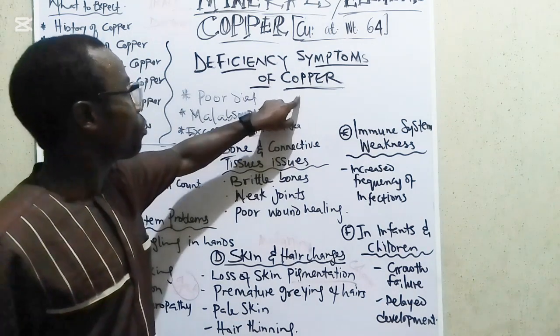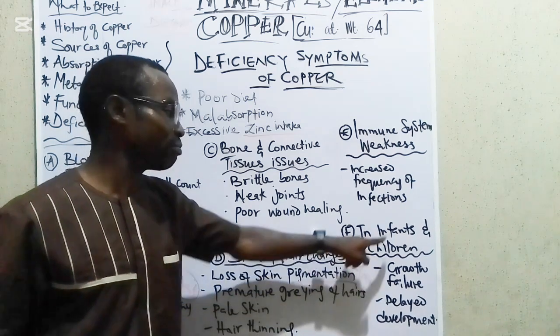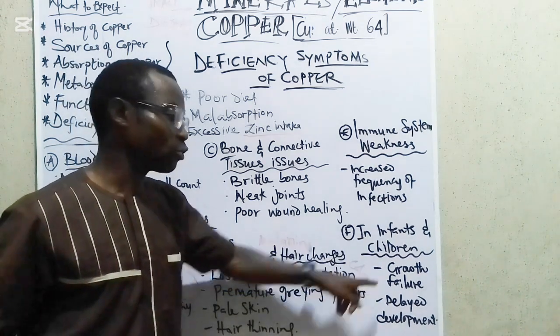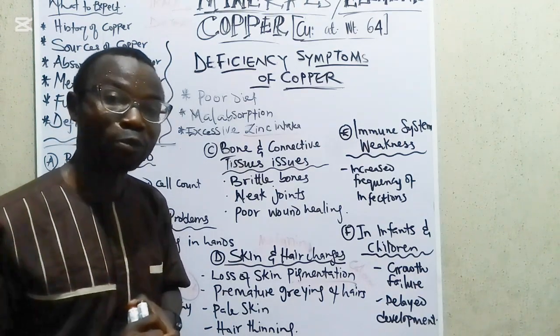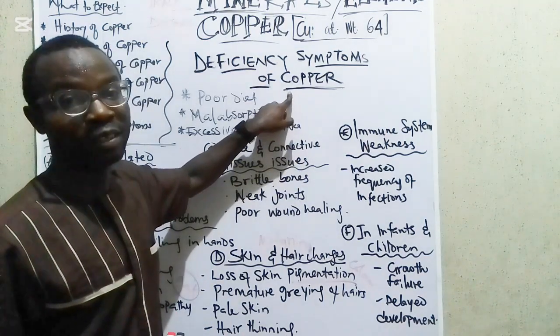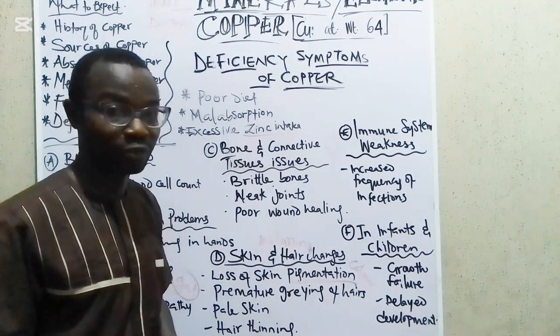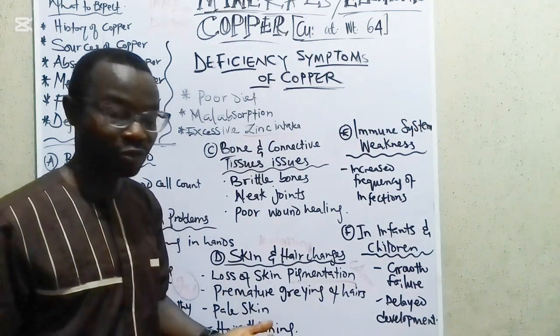Then, if copper is deficient, it also causes infant and children problems, which has to do with failure to grow well, because certain growth hormones have copper as a cofactor for enzymes necessary for growth.